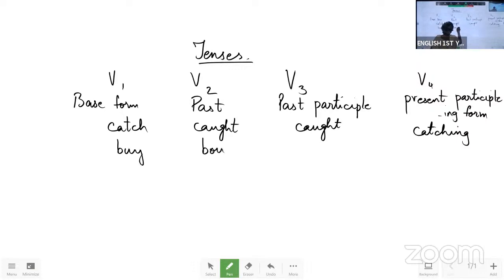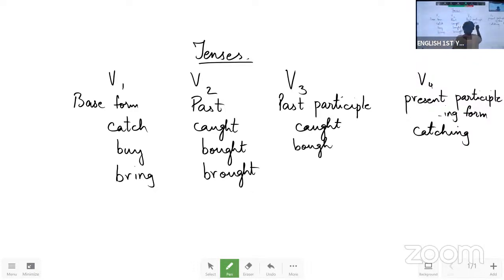There is a difference between bought and brought. Bring is brought, buy is bought. English looks very easy, children. It is only when you practice that you realize it can be interesting, but definitely not easy.